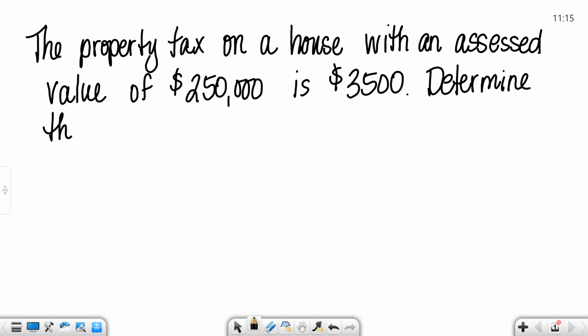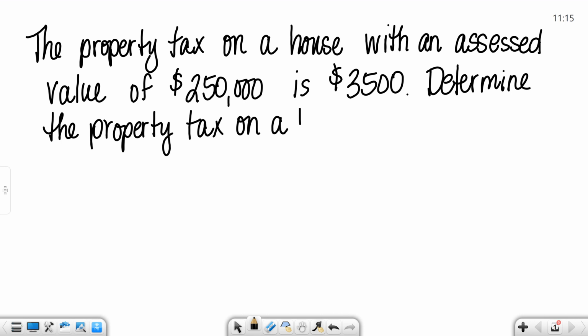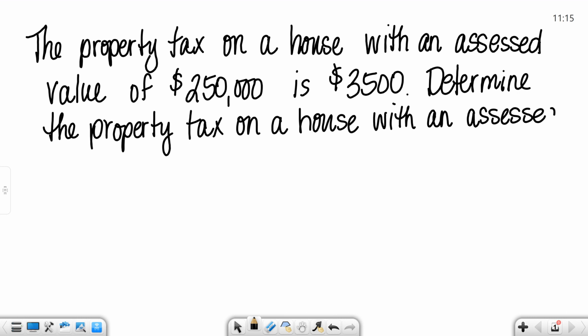Determine the property tax on a house with an assessed value of $420,000.